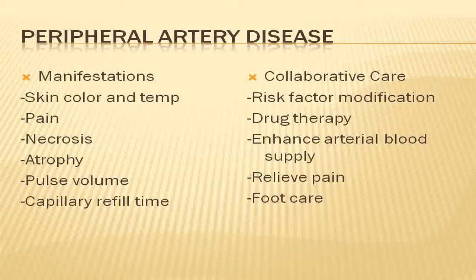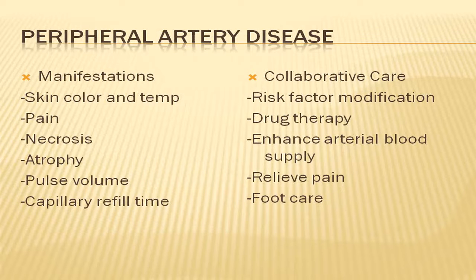So make sure you read that chapter thoroughly over the different collaborative care interventions that we would use for a patient that's experiencing peripheral artery disease. Exercise therapy is also going to be important for this patient.